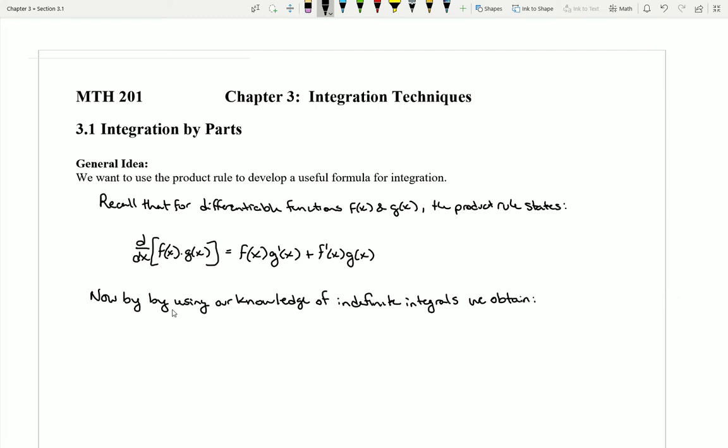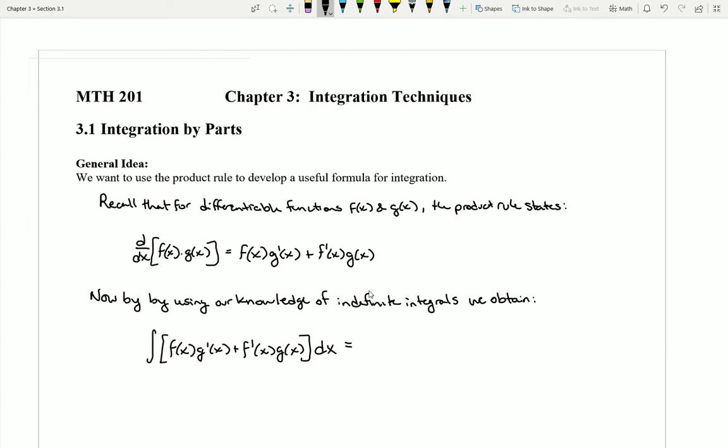First off, I think it would be pretty easy to see that if I was to go ahead and attempt to integrate everything that I had over on the right-hand side of that product rule statement, if I wanted to integrate that, do you have a sense of what I would actually create? What would this be equal to? Where would this come from?